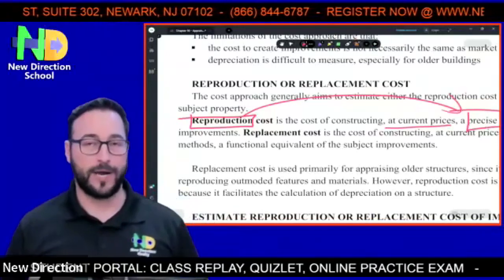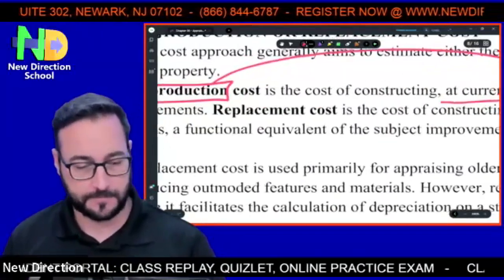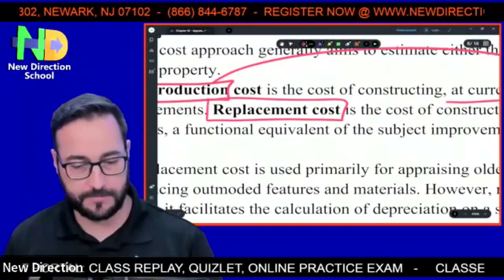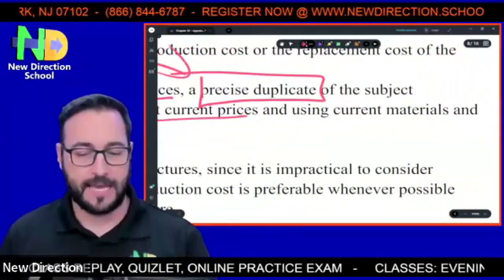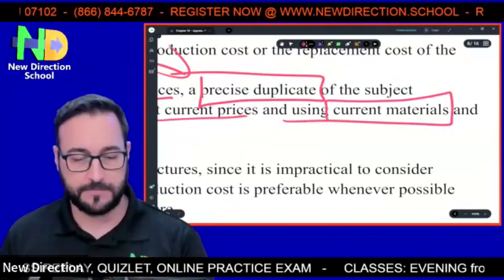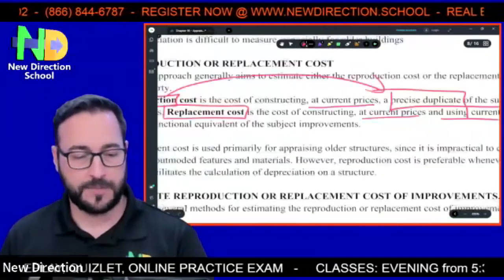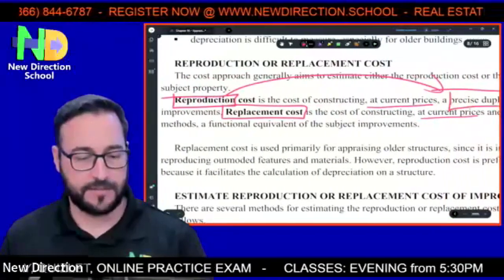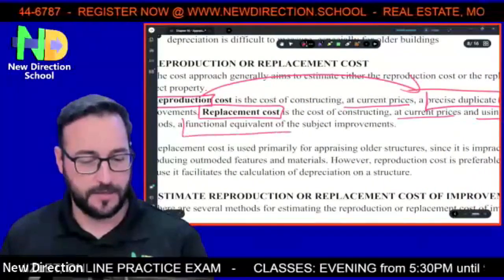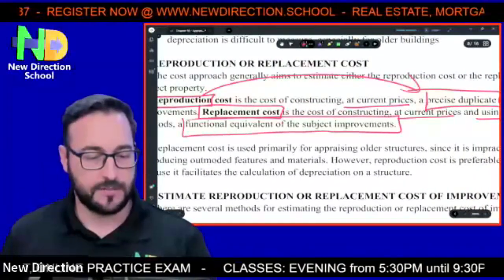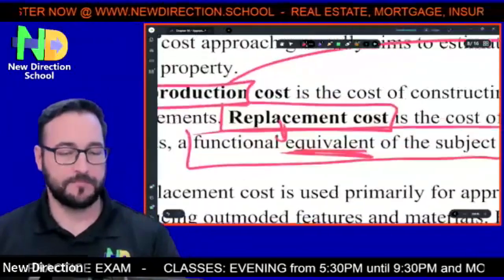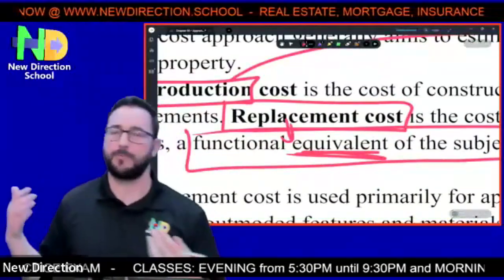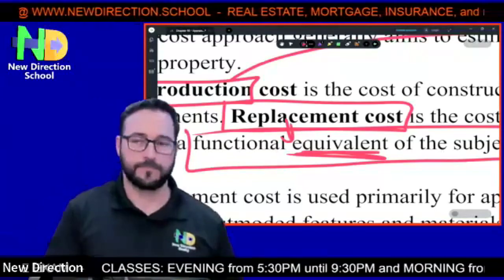Whereas replacement cost is the cost of constructing at current prices as well, and using current materials and methods, a functional equivalent of the subject improvements. So replacement cost is getting a functional equivalent. So for instance, we don't use copper pipes anymore. What do we use?